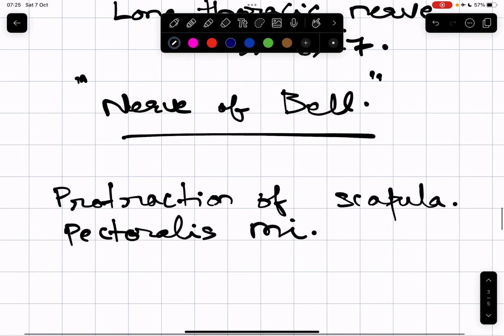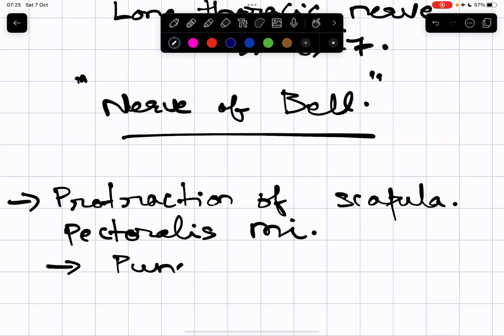Now, when we are talking about the actions of the serratus anterior muscle, the protraction of the scapula is a major action of the serratus anterior muscle together with the pectoralis minor. So this is as in punching. Now try to punch as you're sitting here listening to this video. When you try to punch, your scapula is rotating forwards.